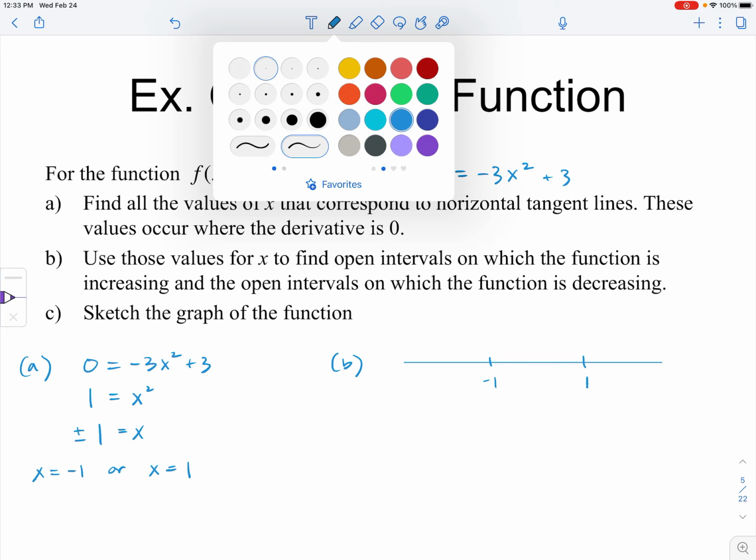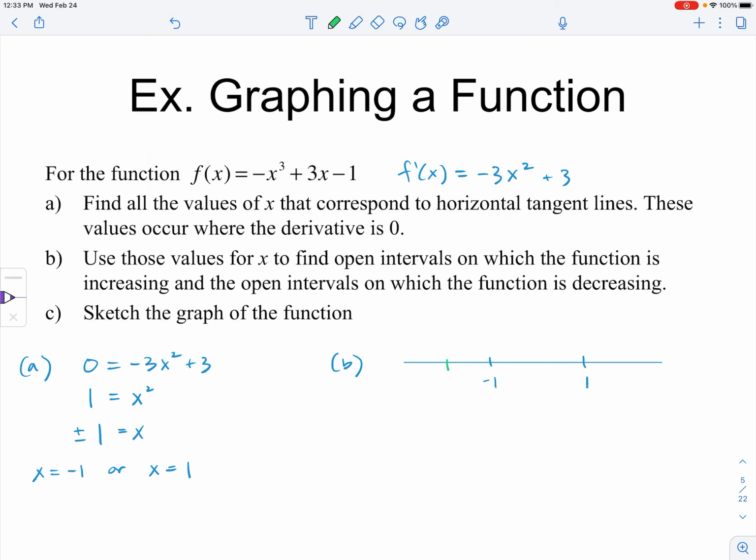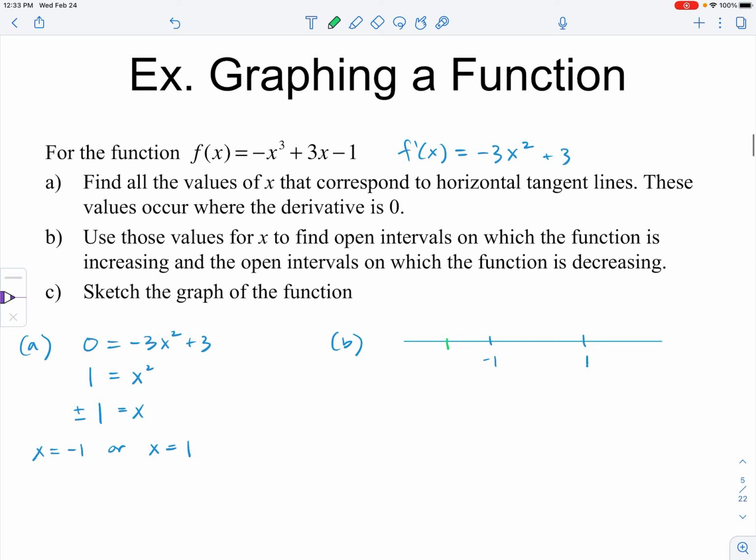Now I'm going to choose test values, and I'll use green for my test values, to the left and right of each of those values, because I want to figure out whether the function is increasing or decreasing to the left and right of each of those horizontal tangent lines. So I'll use negative 2, 0, and 2. Those are going to be my test values.